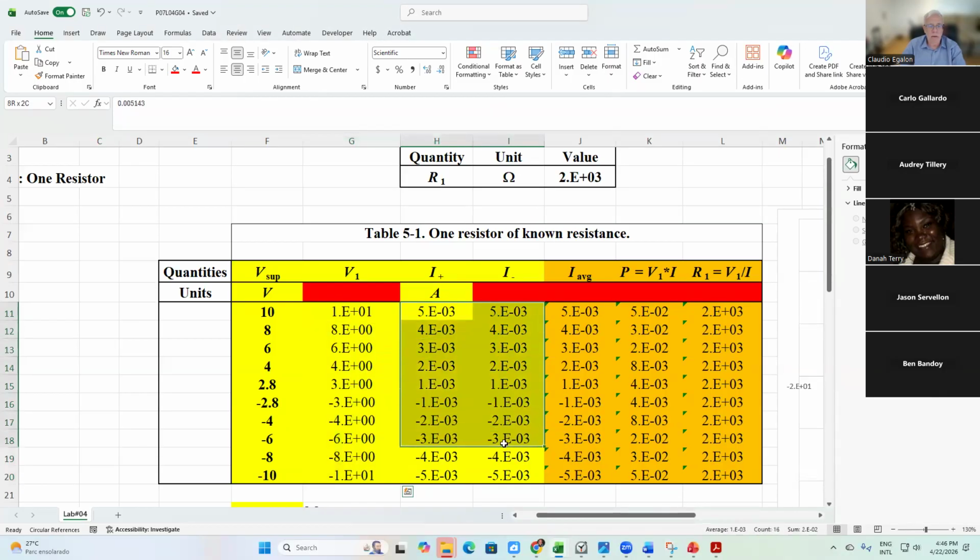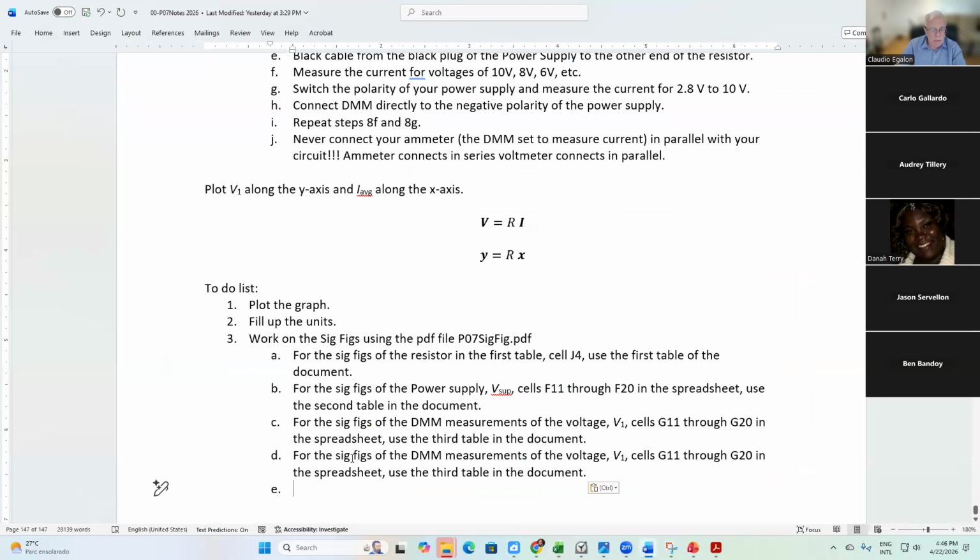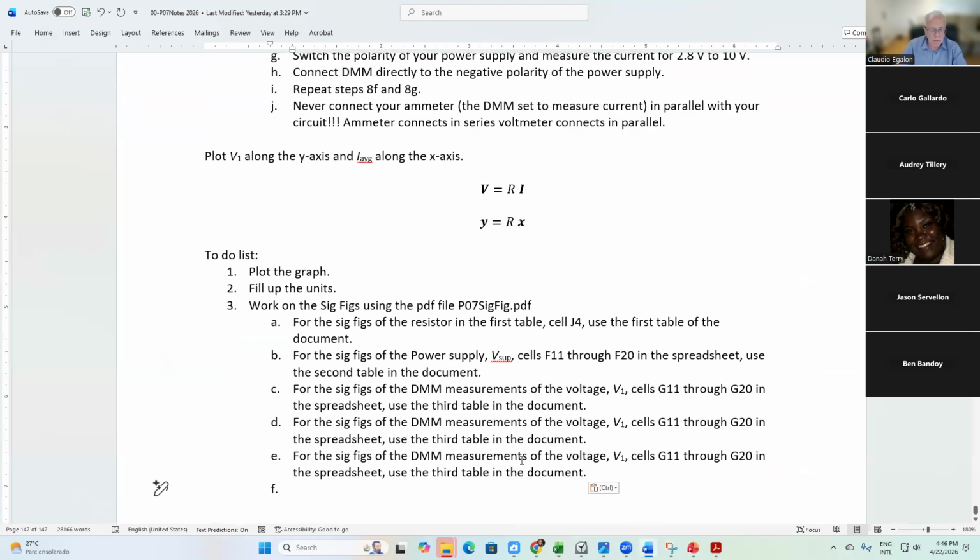For these cells here, these two cells here, okay? For the significant figures of the DMM measurement of the current, we are running out of time, huh?